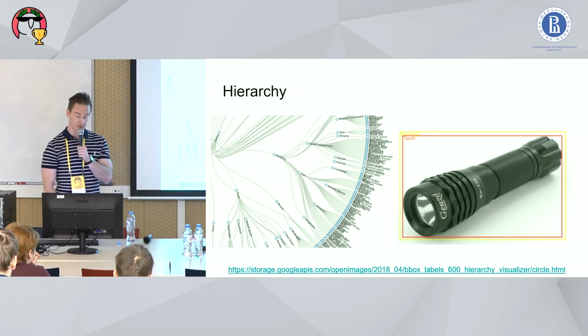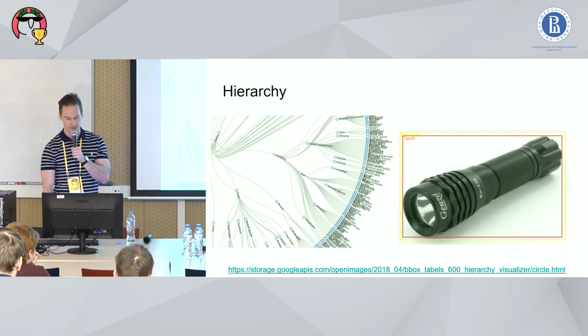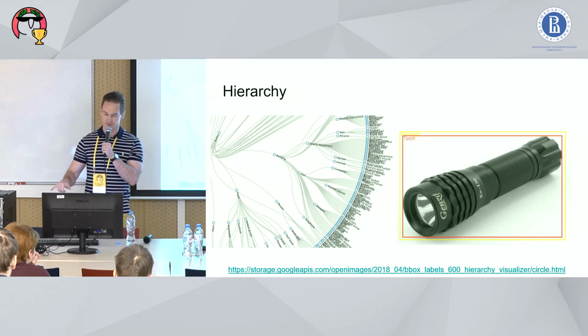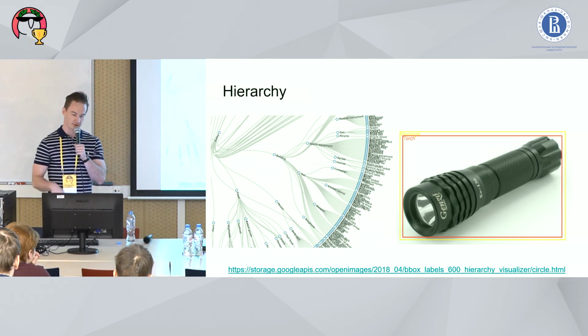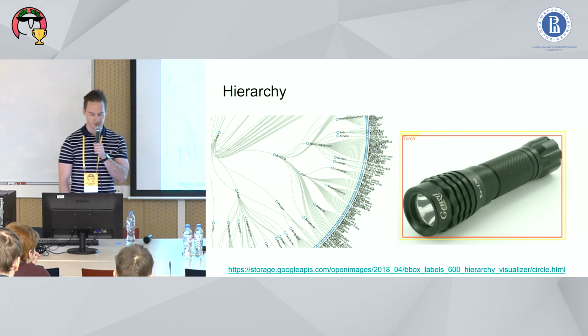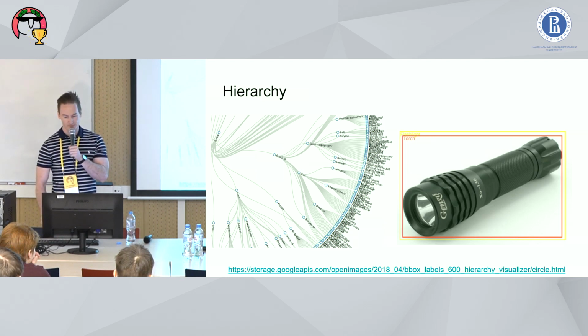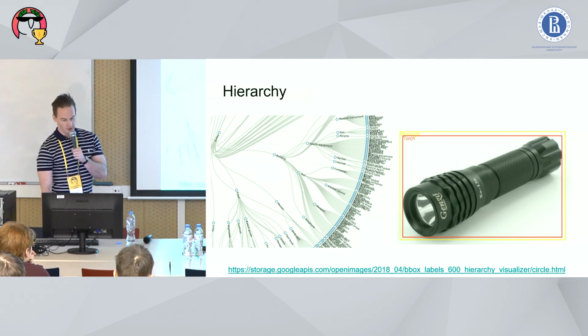For more details, please visit the site of the competition. It has a very detailed description of this hierarchy. I use only the first level of the hierarchy, so it's the final leaf. Using this hierarchy, I can predict the other classes because, if I predict that there is a torch on the image, then I can figure out that it's also a flashlight on the image.